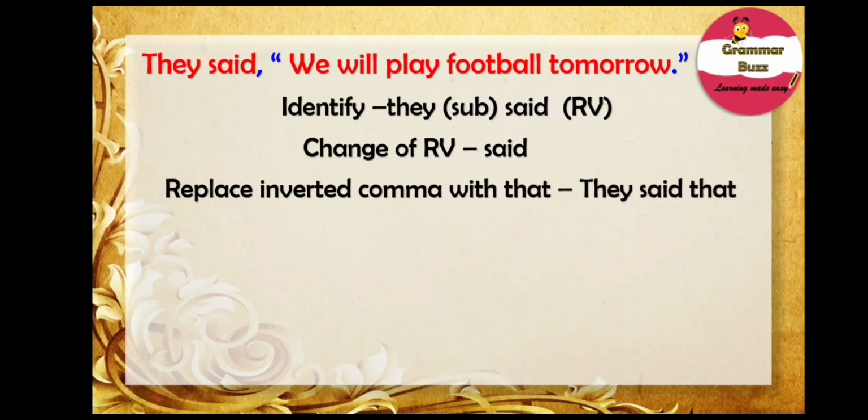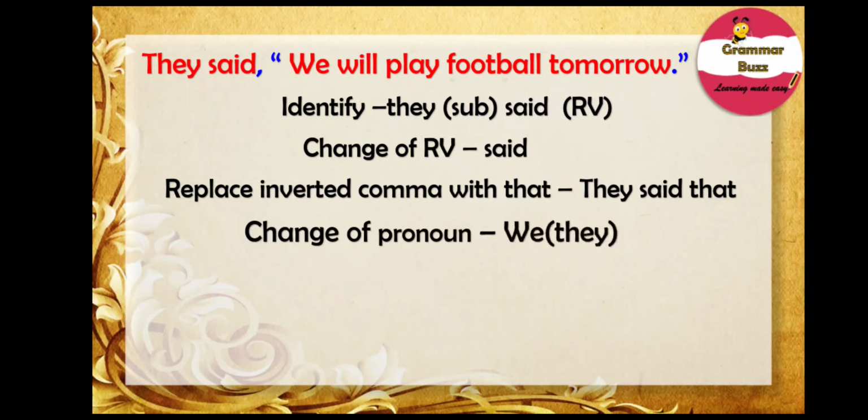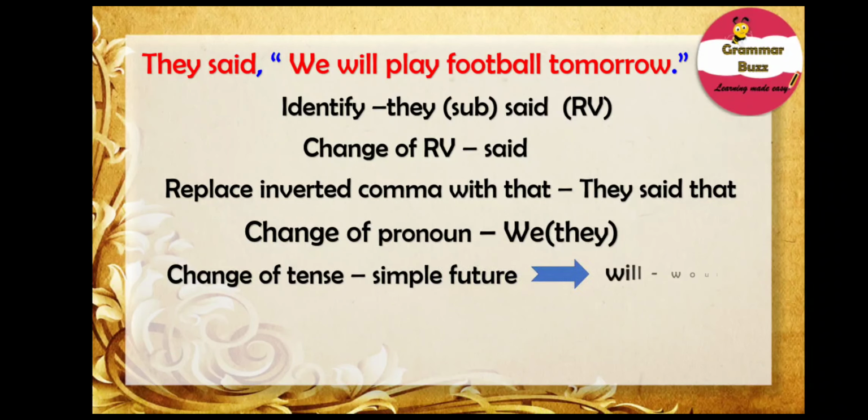The third step is replacing inverted comma with that. And we have they said that. The fourth step is change of pronoun. And the pronoun we here changes to they. The next step is change of tense.